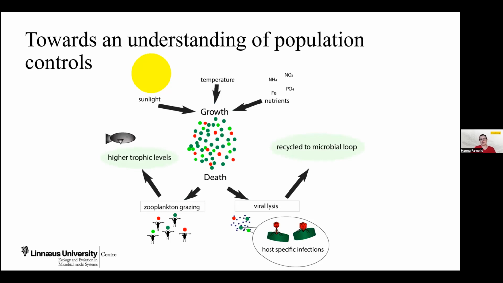Is it transported to higher trophic levels, or can it be that they were under high viral pressure, so that a large fraction of them actually die and then get recycled into the microbial loop? So these were new areas that I started to explore. We're not only looking at how abundant they are and how diverse they are, but where does this biomass end up? So when are they growing and when are they dying?